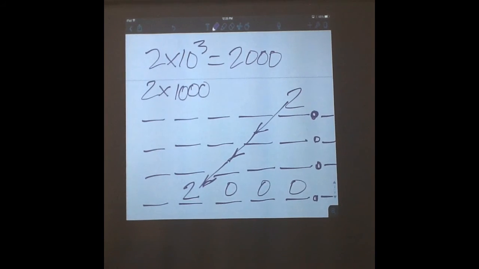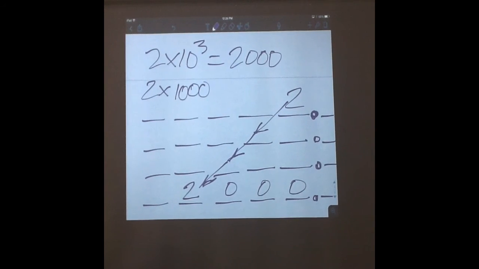So that's how you can use your shifting method to do exponents. We took our 2 and we know that we're going to move it over 3 spaces, because of the 10 is to the third power. So we're going to scoot over 3 place values and it's going to give us 2,000. Does that make sense, everyone? Sounds pretty easy.